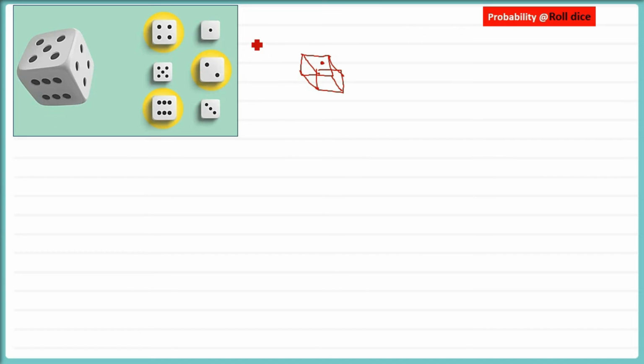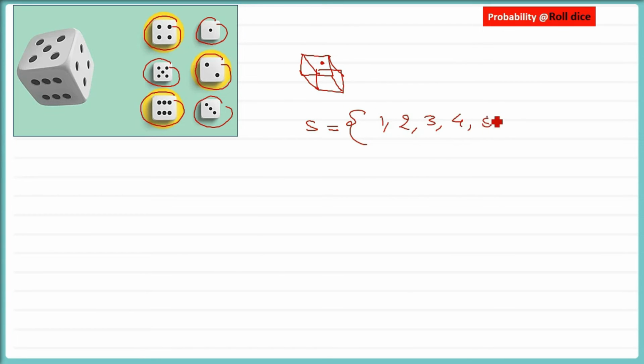Whenever you roll a die, 1 can come, 2 dots can come, 3 can come up, 4 can come up, 5 can come up, or the final 6 dots can come. 6 faces, 6 numbers can come. So the sample space is 1, 2, 3, 4, 5 or 6. Because there are only 6 faces, 1 to 6, only these can come. This is called the sample space. 7 can never come because there is no 7 here.